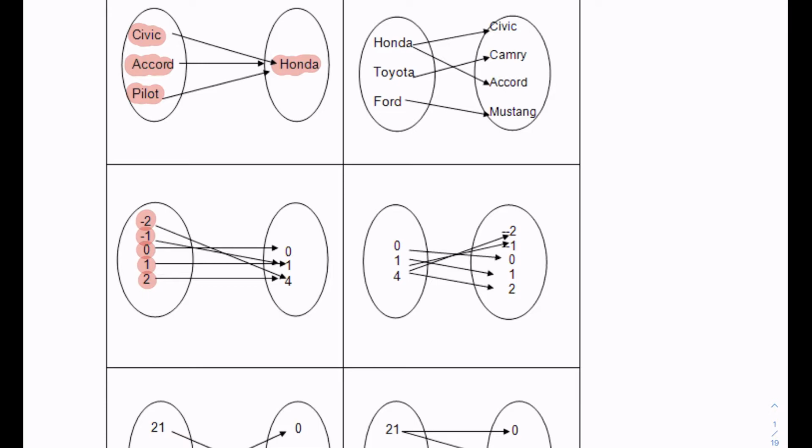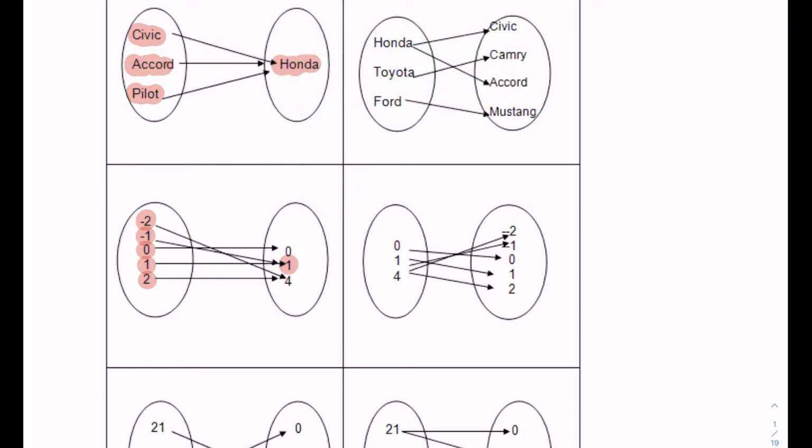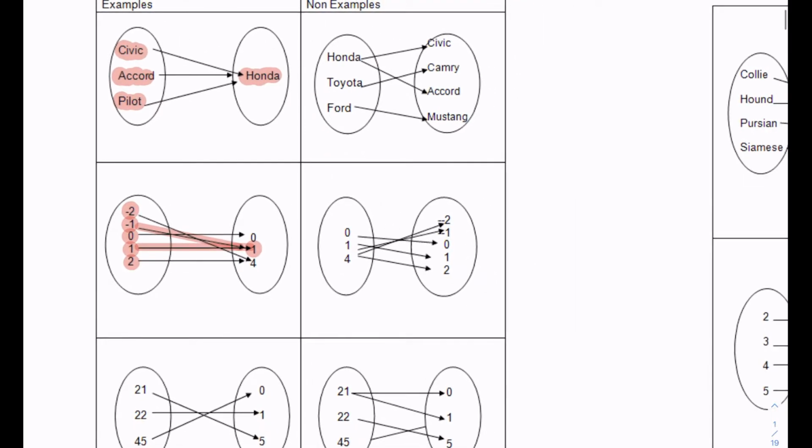Keeping in mind that the number 1 has both the number 1 mapping to it as well as the number -1. So two different numbers going to the same number, and that's still a function. Another example over here at the bottom, we have 45 goes to 0, 21 to 5, and 22 to 1.